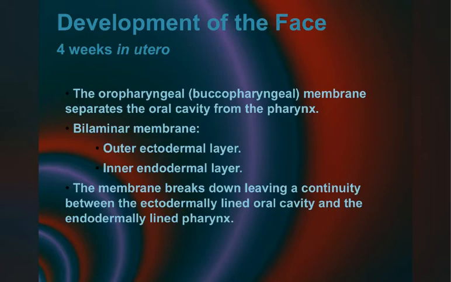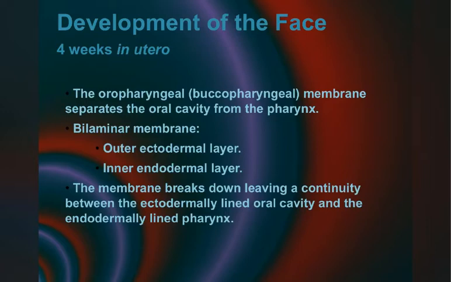There is a membrane called the oropharyngeal or buccopharyngeal membrane, which separates the oral cavity from the pharynx. This membrane appears during week 4 in utero, and this membrane ruptures by the end of week 4.